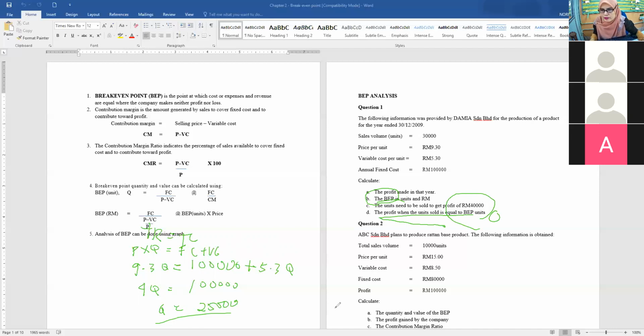Maksud dia, keuntungan yang kita dapat pada break-even point in units. Berapa keuntungan kita dapat? Bila TR equal to TC, 25,000. This one is quantity tau, means that in units.